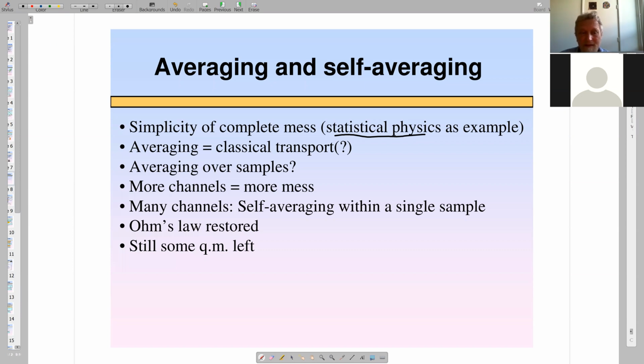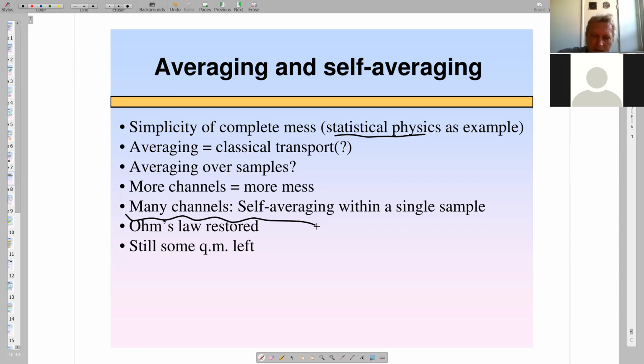Right, self-averaging. If you take many channels, if you make structures with many channels, you are likely to produce the same values of conductance if you do it correctly. While for few channels, fluctuations of conductance are of the order of conductance itself.